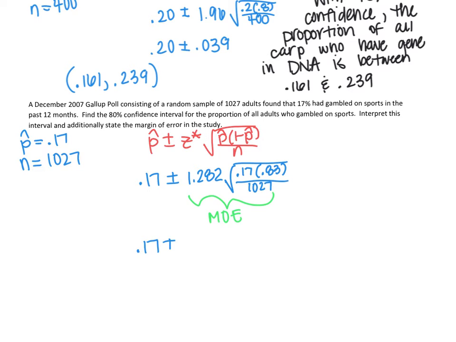So 0.17 plus or minus, and then 1.282 times the square root of 0.17 times 0.83 over 1,027.